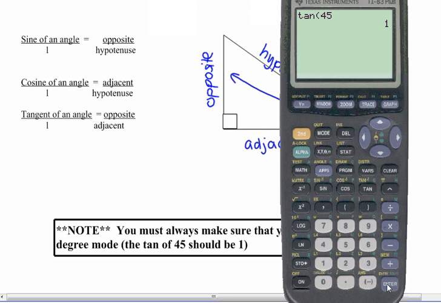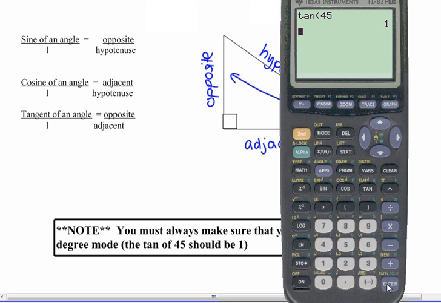The reason why: if you have a right angle triangle with a 45-degree angle, okay, this is a bad marker, I'm sorry, 45 and 45, what could you also call this triangle? It has another name. These two angles are the same. Isosceles. These two sides would also be the same. Okay?